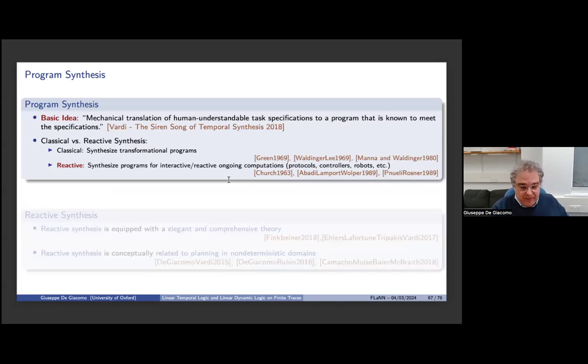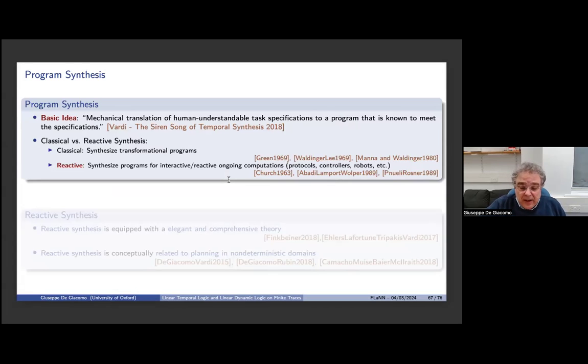And now let me finish with synthesis. All the work on LTLf has been motivated strongly by synthesis, from decision-making synthesis. What is the idea of synthesis?